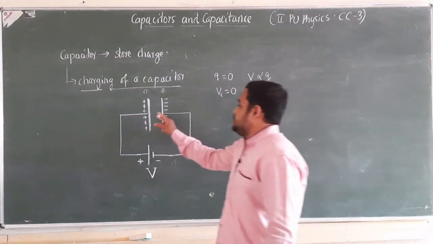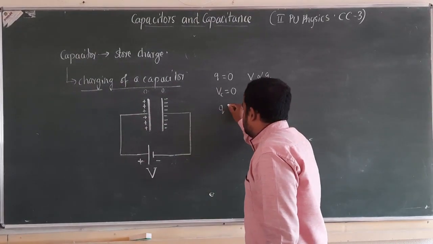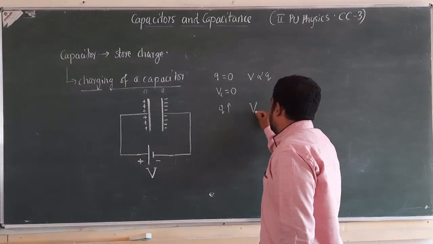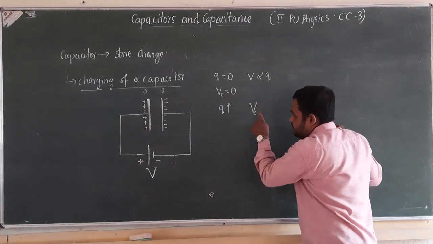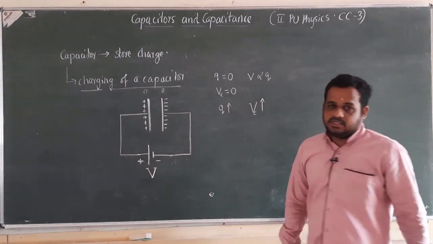No potential difference between the plates. As the magnitude of charge stored in the capacitor Q increases, the potential difference between the plates of the capacitor also increases.